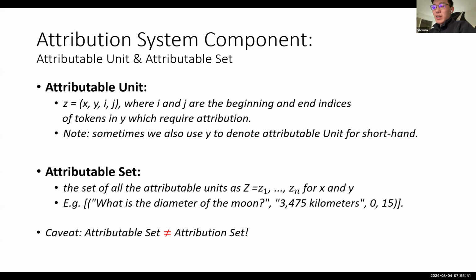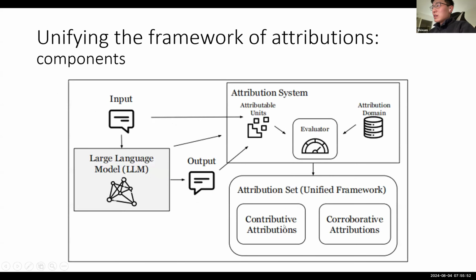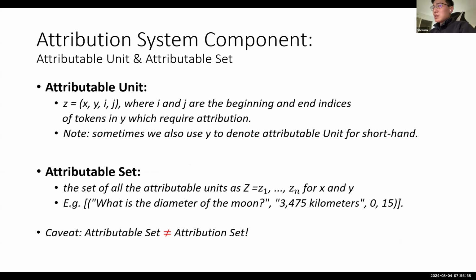These are two different terminologies. The attribution set, as I described in the diagram before, is the result of our attribution process, whereas the attributable set is the set of all input and output pairs.